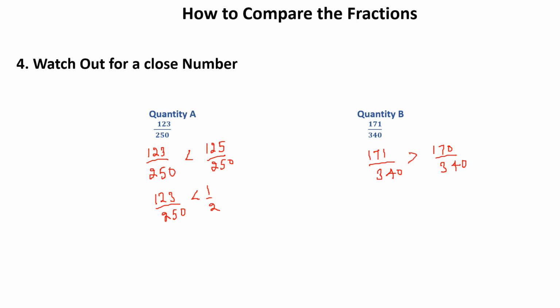So 171 by 340 is greater than 1 by 2. So what we have figured out here is that quantity A has a fraction which is less than 1 by 2. Quantity B has a fraction which is greater than 1 by 2. So obviously quantity B is greater. So hope this technique is also clear.